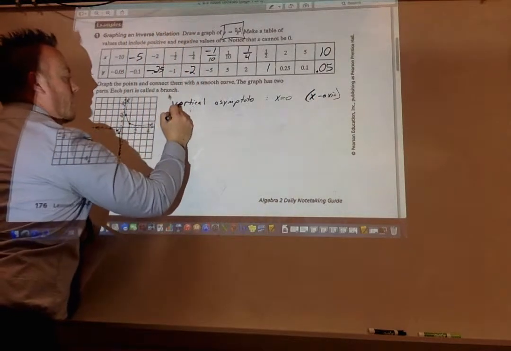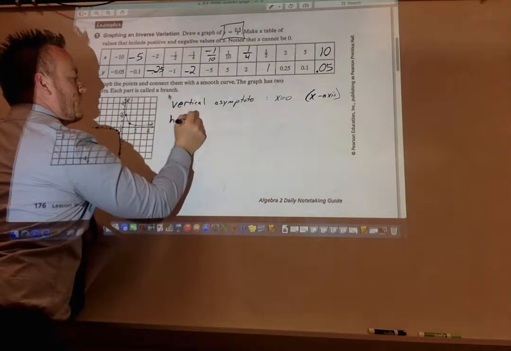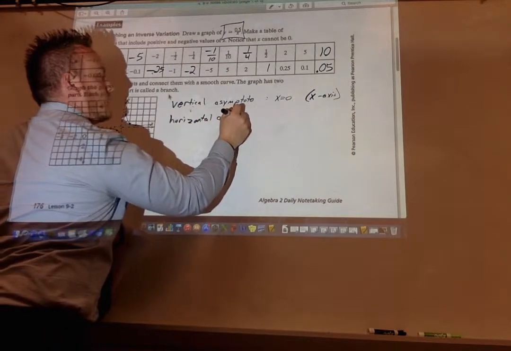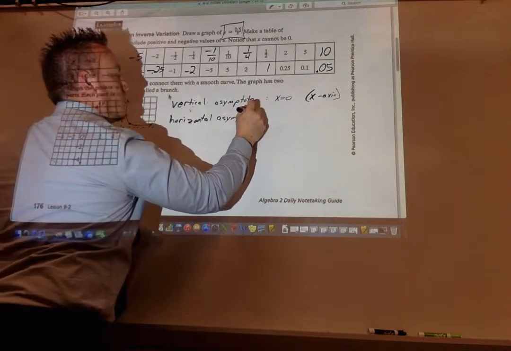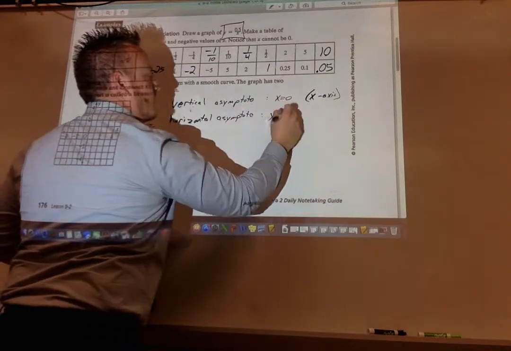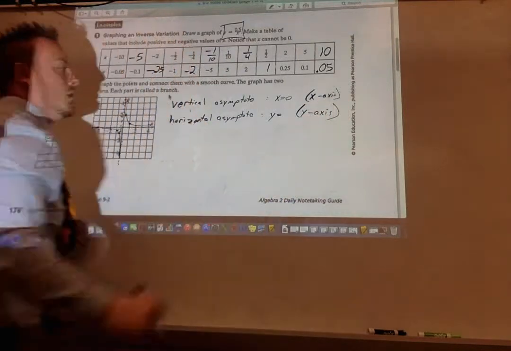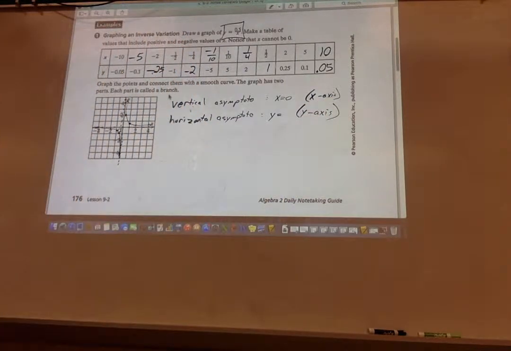The other one is our horizontal asymptote. That is y equals 0, or the x-axis. Okay, so those are our two asymptotes. They're always drawn with dotted lines to show that the graph will not cross them.